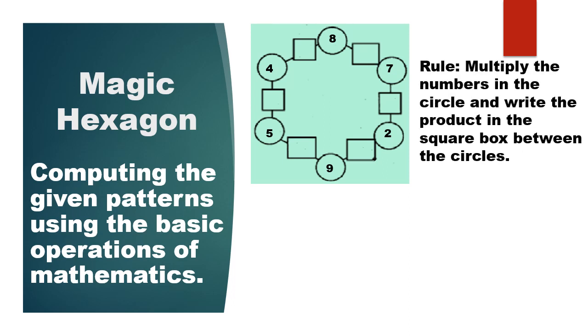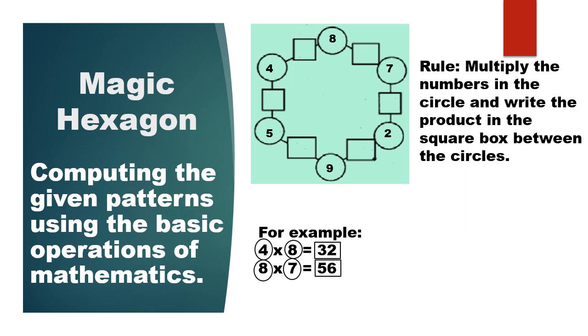What is that rule? We multiply the numbers in the circles and write the product in the square box between the circles. For example, see the numbers in the circles, that is 4 and 8. So we are going to multiply 4 and 8.